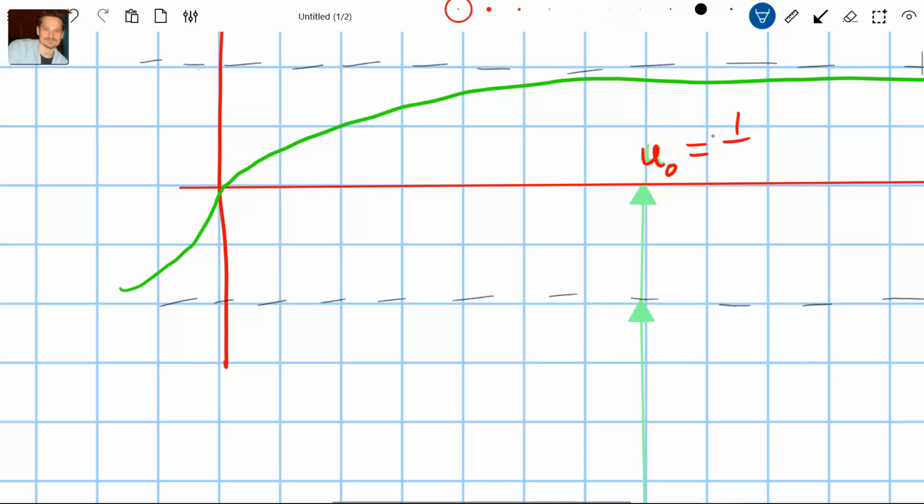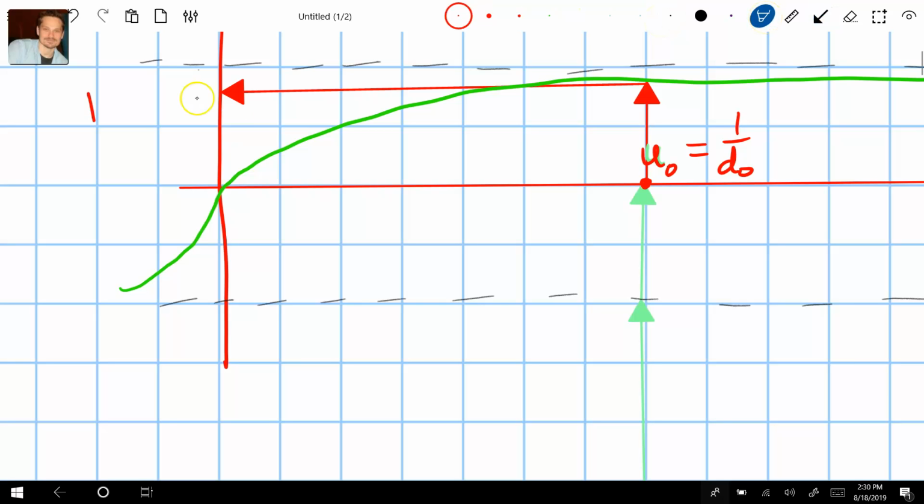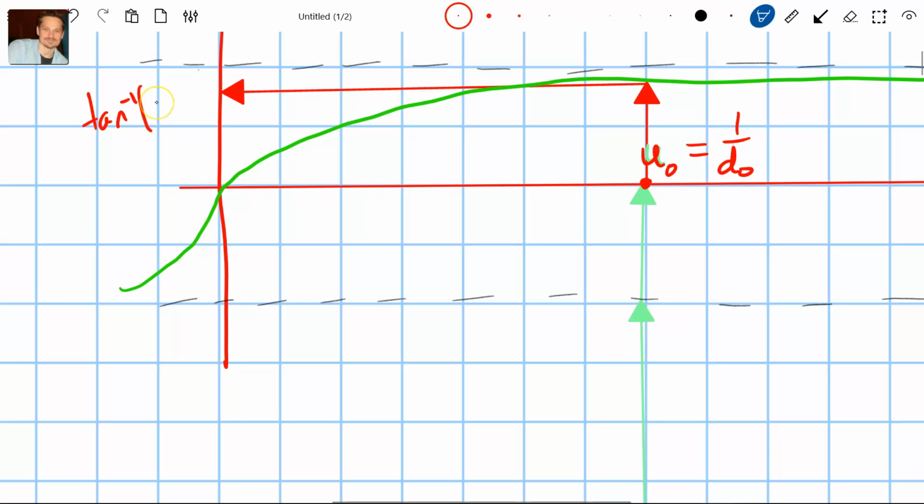This is 1 over d sub 0. You see that? So this is a value of u, but then that itself is going to take you across this curve, and then across that curve over to about here. That will represent tan inverse of u sub 0. Let me zoom out.